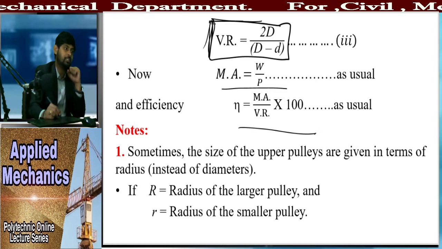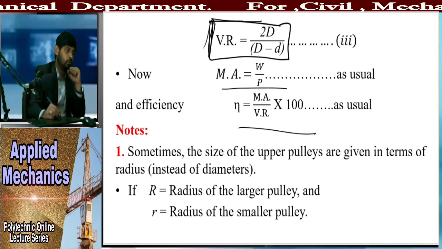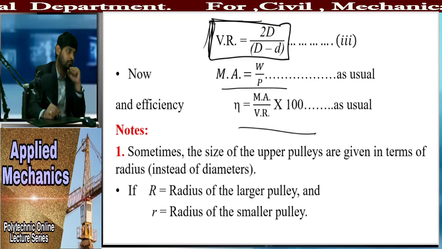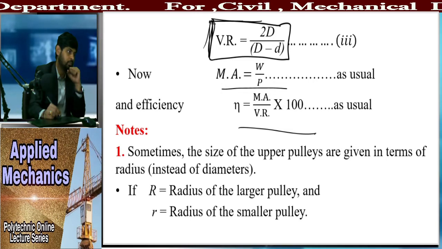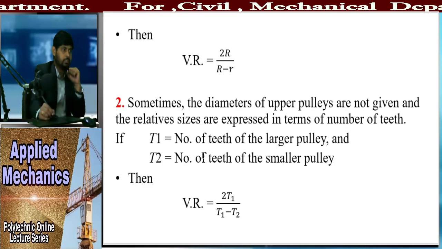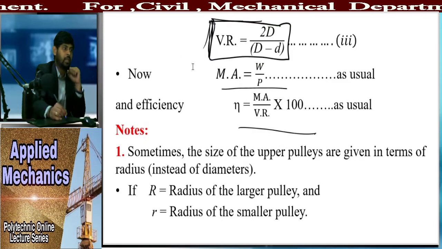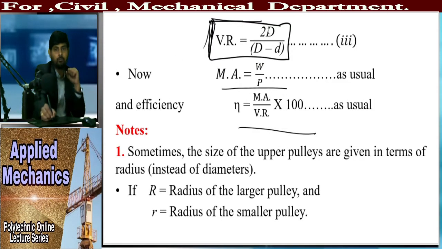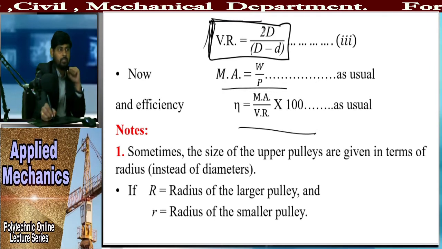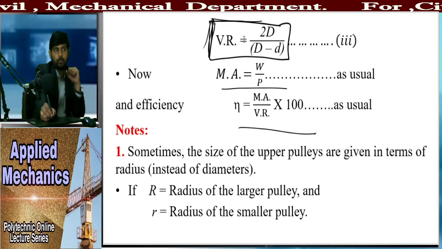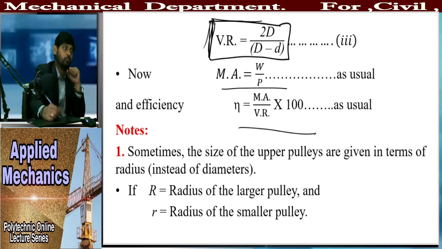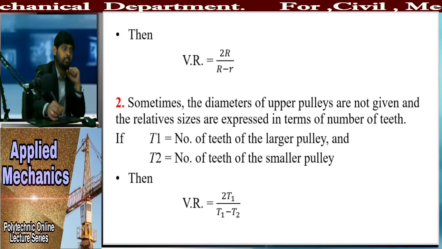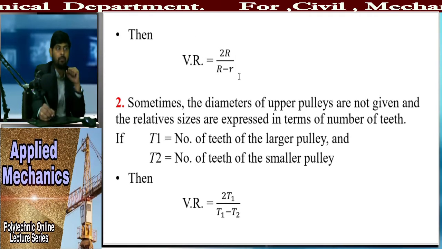This is the consideration you have to take while solving problems. If the diameter is not given but the radius is given, then you can use the velocity ratio formula in radius form, that is 2R divided by R minus r.